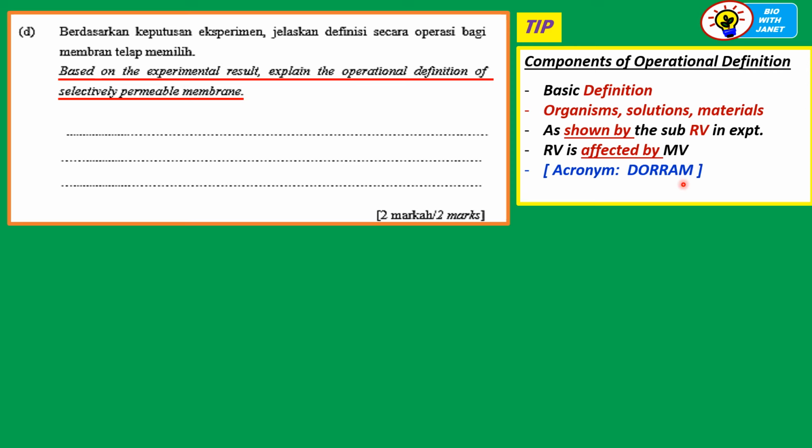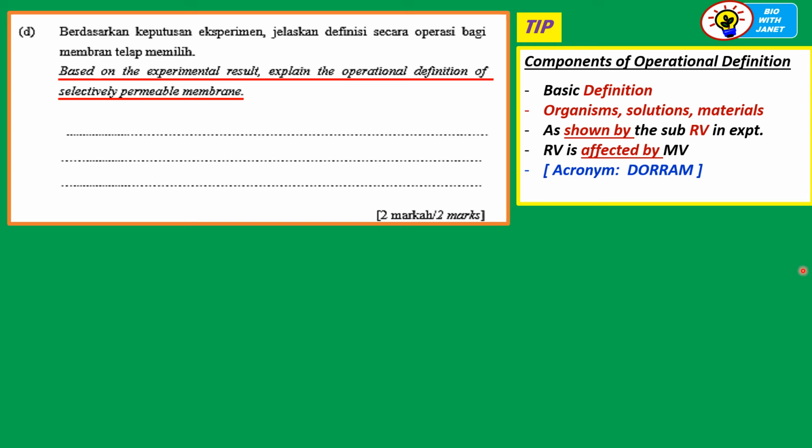So our acronym is DORAM: D for definition, O for organisms, solutions and materials, R for 'shown by the sub-RV in the experiment', A for 'affected by', and M for MV. That's the complete answer.